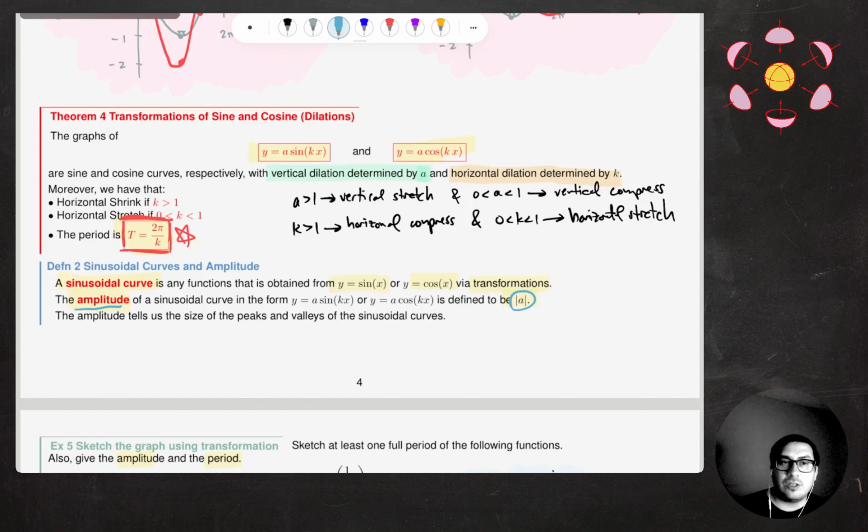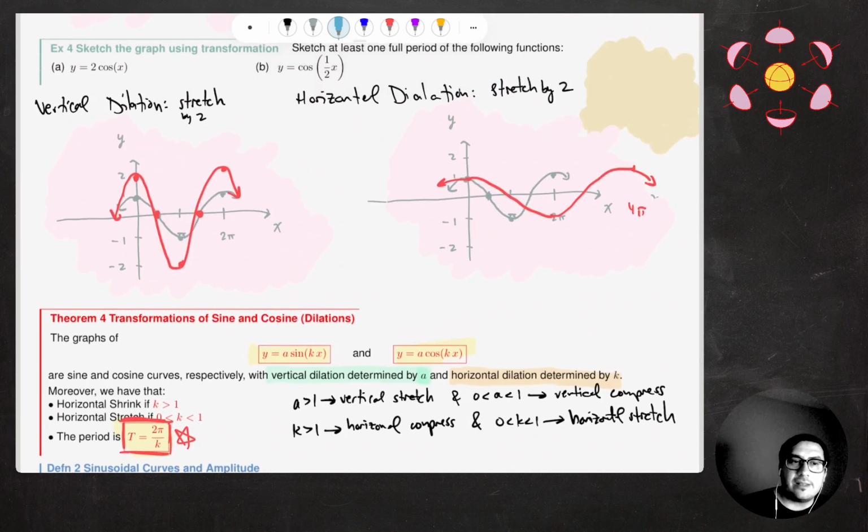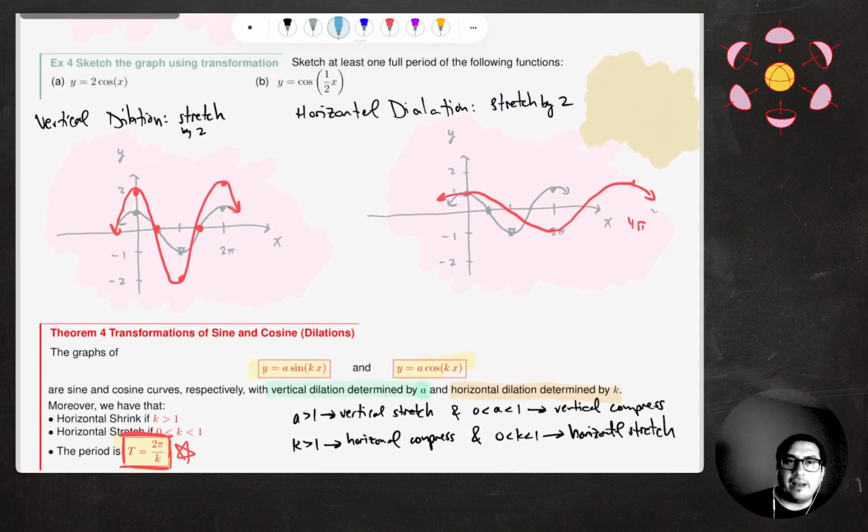Remember the example we just worked out? We had a 1/2 here. It stretched it out because the period is now 4 pi. And remember the reason for that: I'd have to plug in 4 pi before cosine cycled through again.